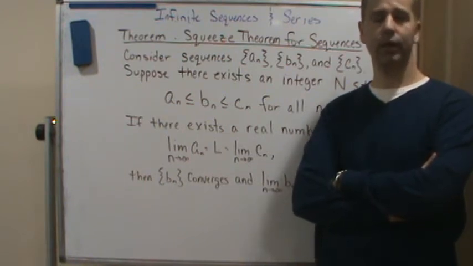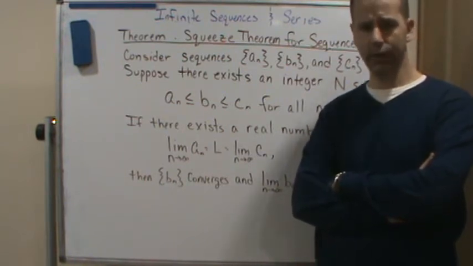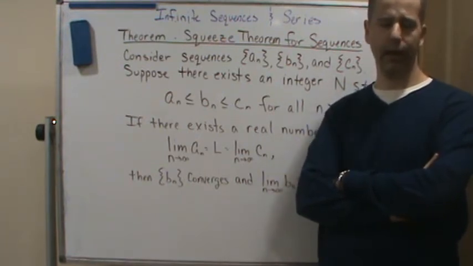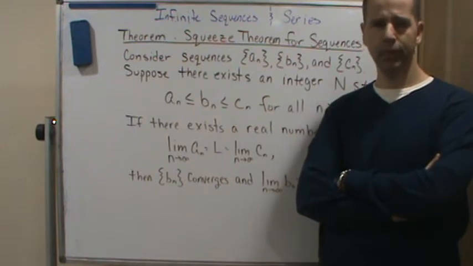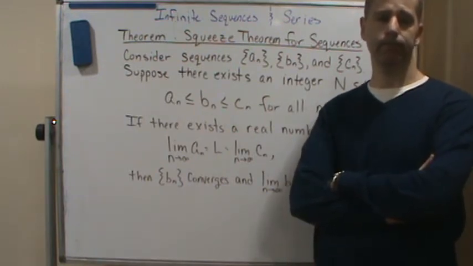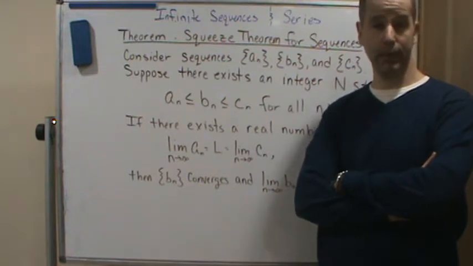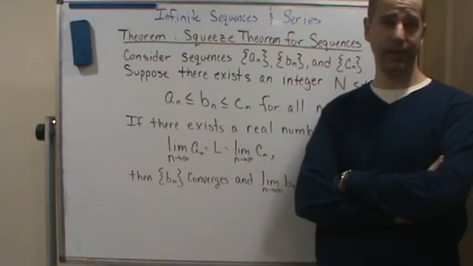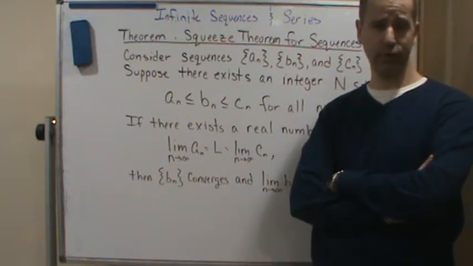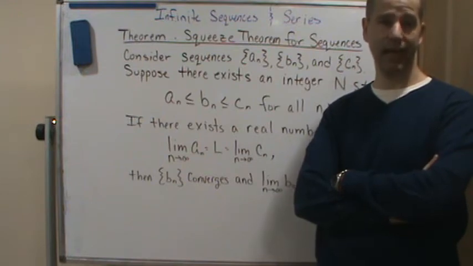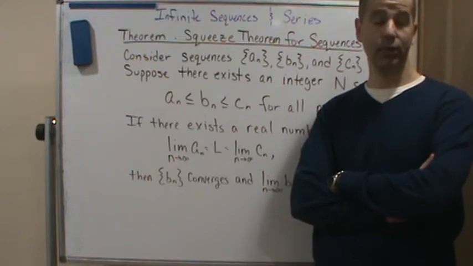If we can come up with two other sequences, one that's bigger and one that's smaller, that we know both converge to the same limit, then we can use this theorem to say that the third one, the one that we're trying to ascertain, the one that comes between them, has to be going to the same limit. Okay, and so that's the squeeze theorem.